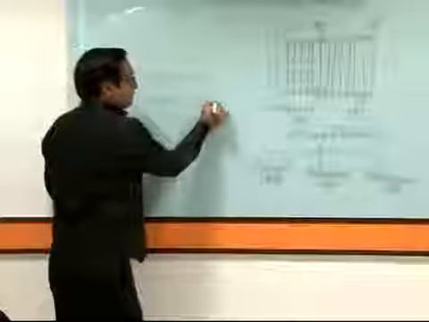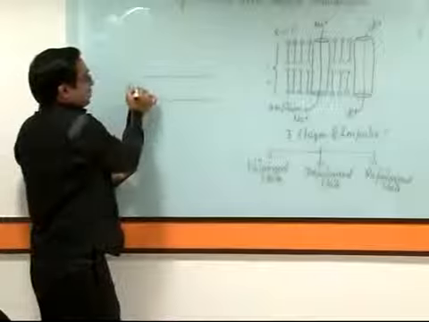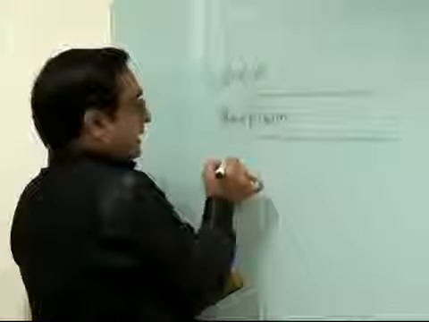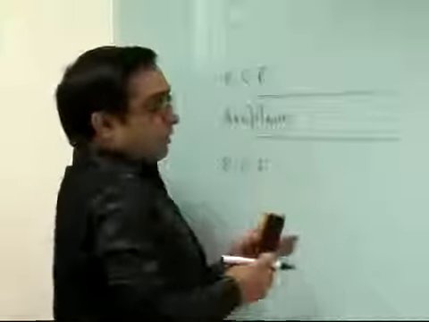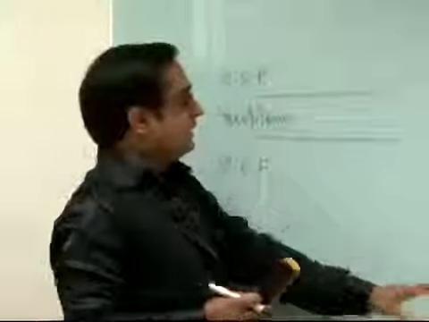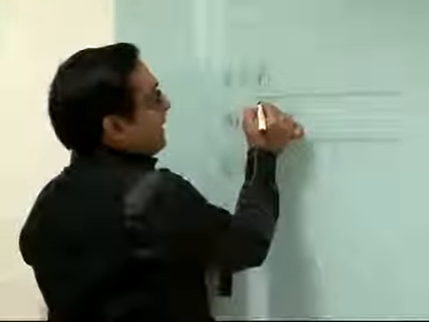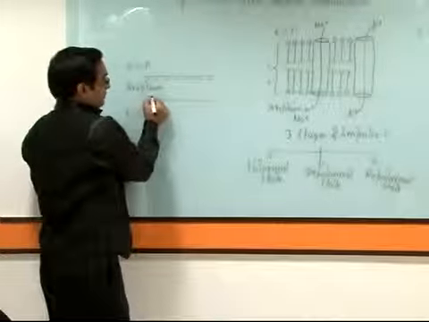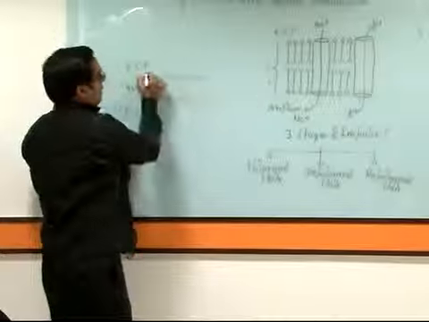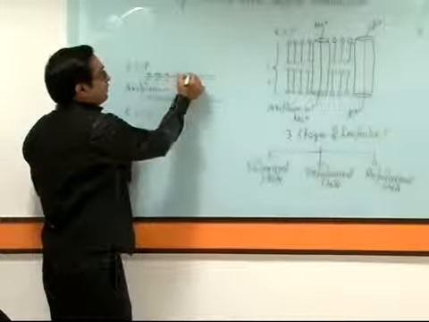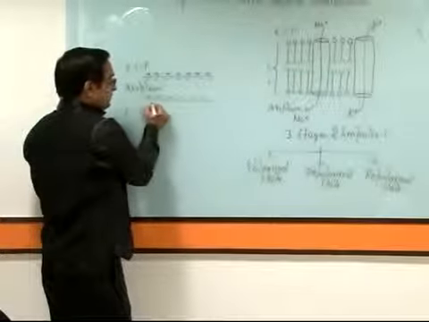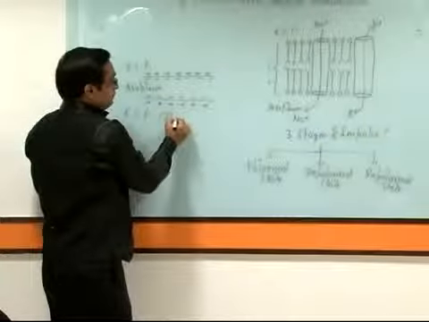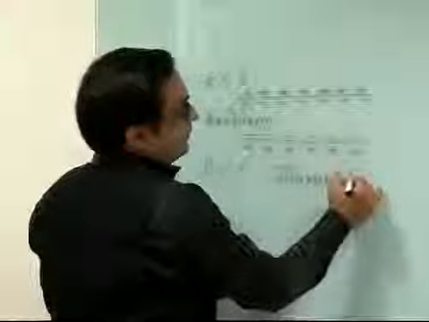This is axon. Inside the axon, we have axoplasm. Outside, it is ECF. Now, during normal polarized state, inside of the axolemma is negatively charged and outside of axolemma is positively charged. This diagram is of polarized state.